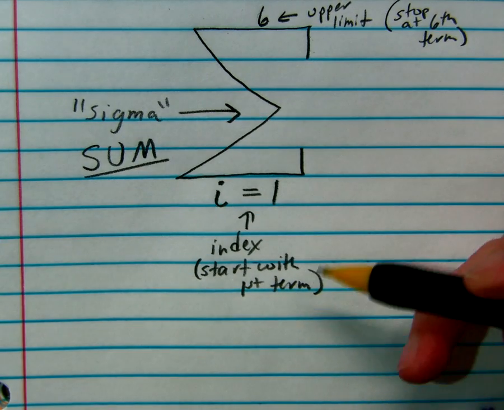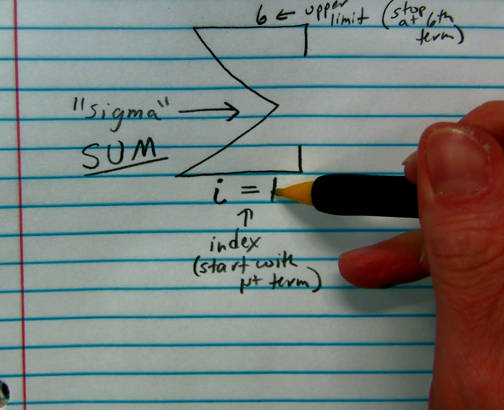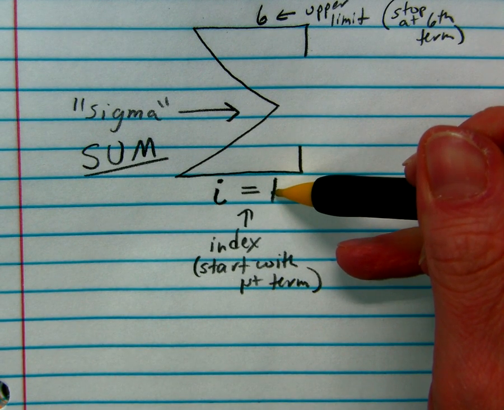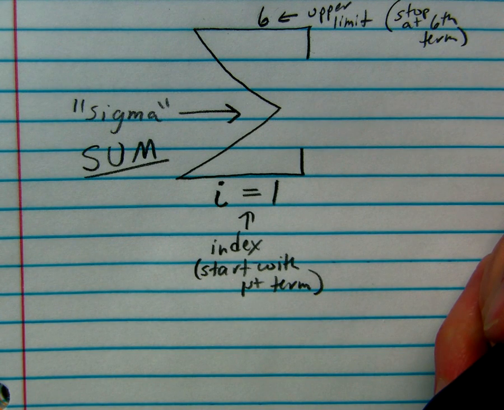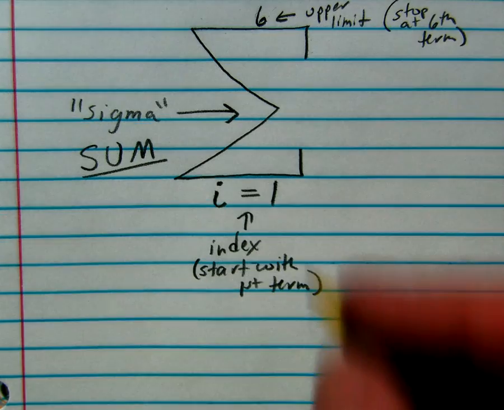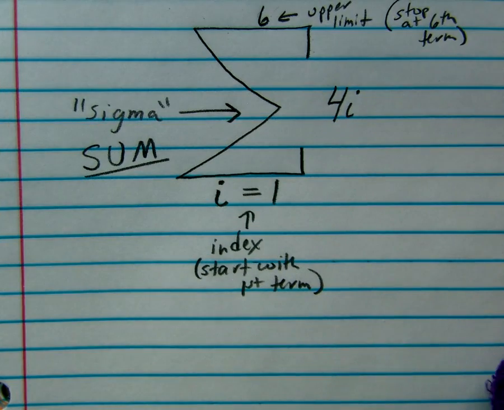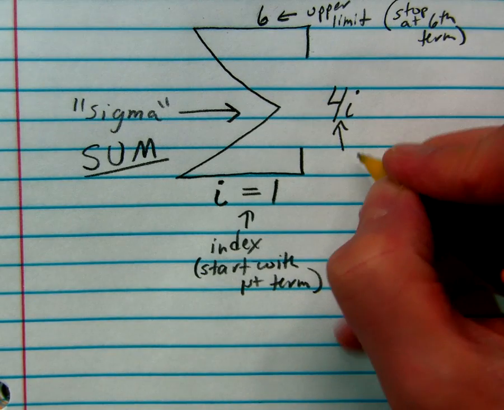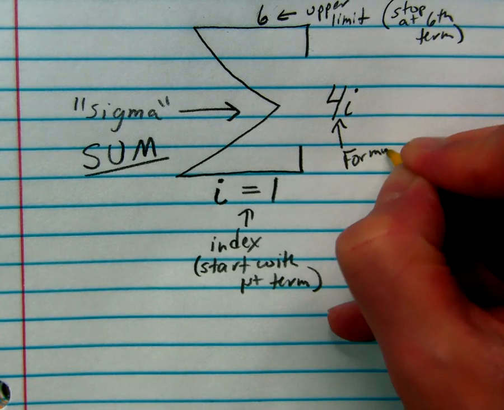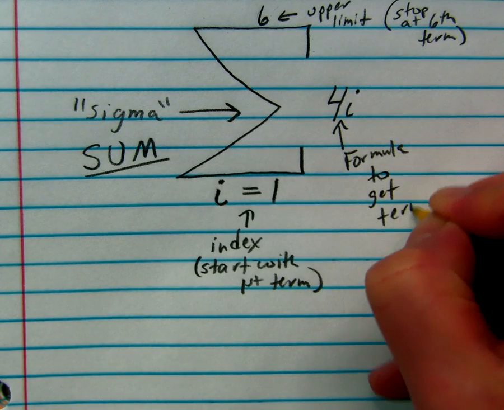So it's telling you, okay, for the sequence that you're going to do, you're going to start with the first term, second term, third term, fourth term, fifth term, sixth term, and you're going to add them all up. And then instead of giving you all the terms, they're going to give you a formula to find the terms. So we're going to give you this formula as just 4 times i. So this is the formula to get the terms.